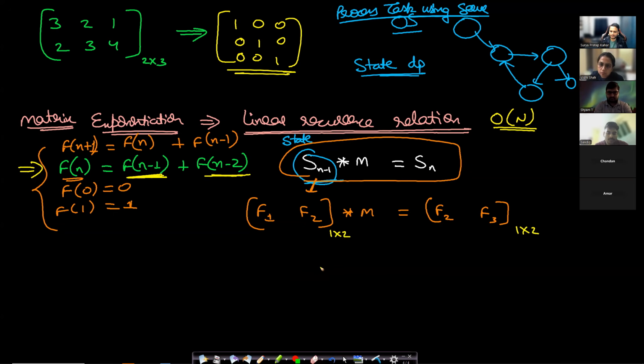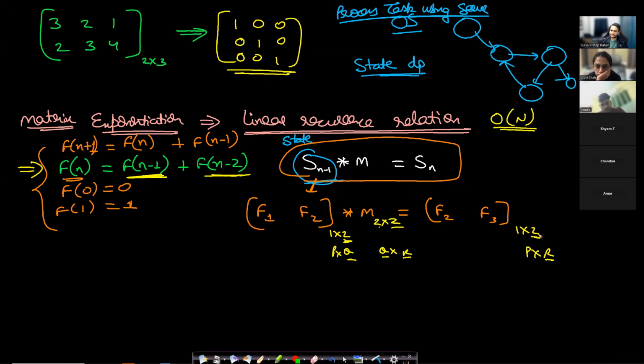The rows will be the same as the columns of the first matrix, and the column of the resultant matrix should be the column of the M matrix. So this column should be common here, and this column should be common on this side, right? You know it: P times Q, Q times R equals P times R. So this Q and this Q should be common. So I have taken 2 common, and I have taken this R common. So this 2 is common.